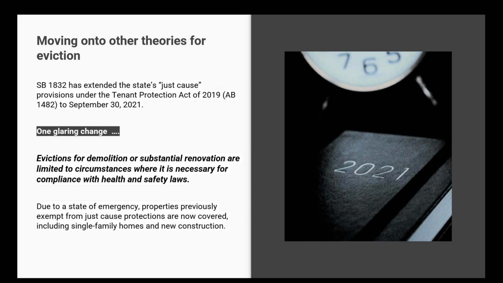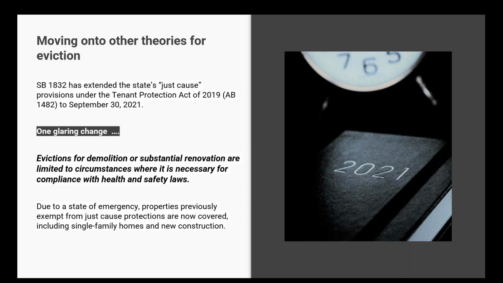So for those people in California who are outside of a local eviction moratorium or just cause eviction moratorium, and you own a single family home, let's say in Danville, the state law has extended just cause eviction protections through the end of September, which means prior to the pandemic, if you had a month-to-month tenant in a condominium and you wanted to terminate the tenancy because you wanted to sell the property vacant, you could simply serve a 60 or 30-day notice without a just cause. Right now, because of the pandemic and because of the extension of just cause protections for all units throughout California, you have to have a just cause to terminate.